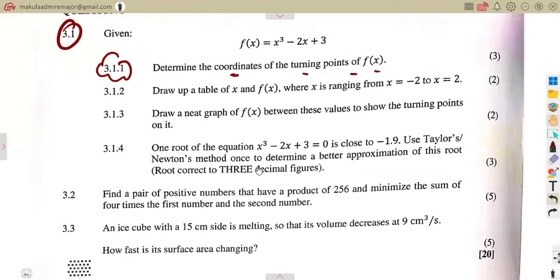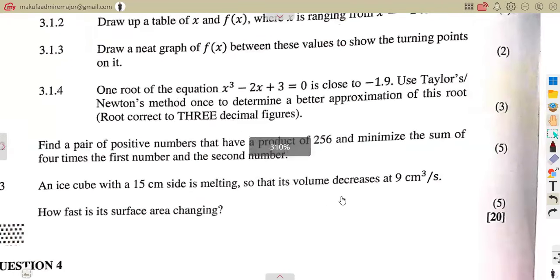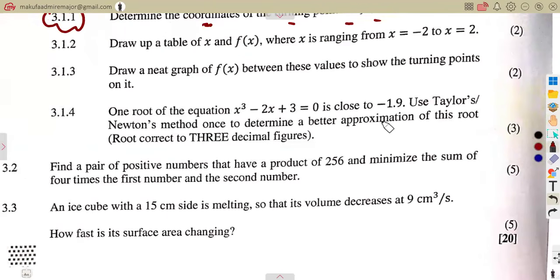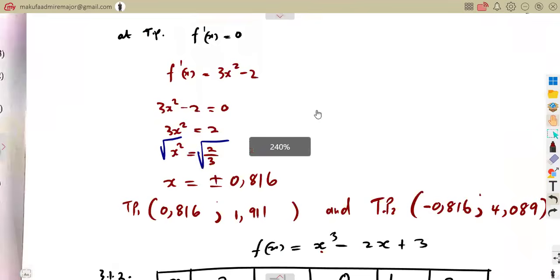From there, we are given, draw a neat graph. So you're supposed to have a neat graph. From this table, draw a neat graph of f of x between these values to show the turning points on it. So you must show the turning points. Remember, the turning points you already have calculated.